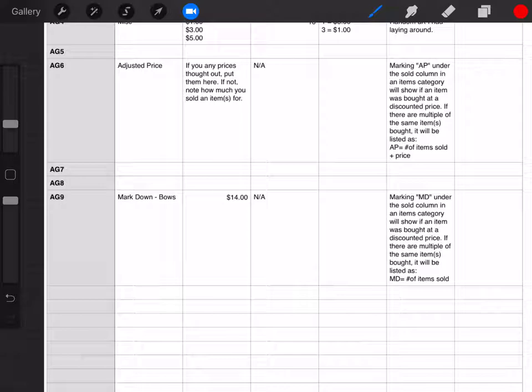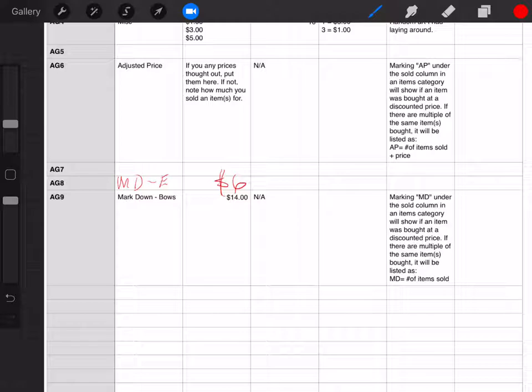You can have another section where it says markdown, and then I have earrings, for example, so I'll put E for earrings. But I want to make sure that each markdown section, if it's a different price, I write it in another category, like my other deal, selling earrings, 2 pairs for $6 instead of $8. So I want to make sure I put that in there.